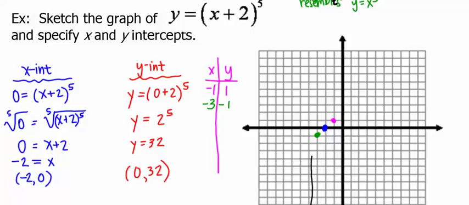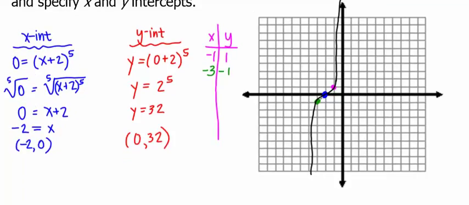It is extremely steep. And I have to be very careful not to cross the y-axis, because this graph is not going to cross the y-axis until I get to 0, 32. So you can see what's happening here on the left.